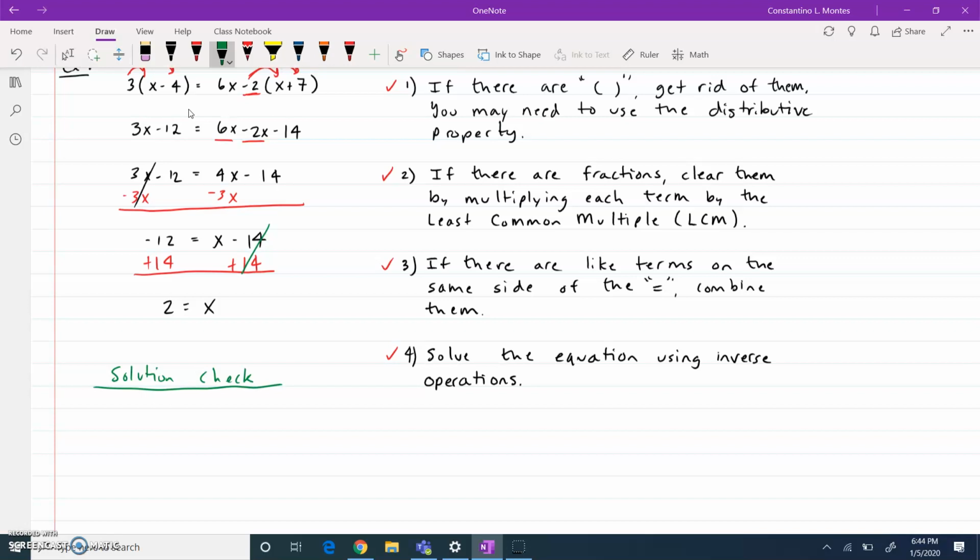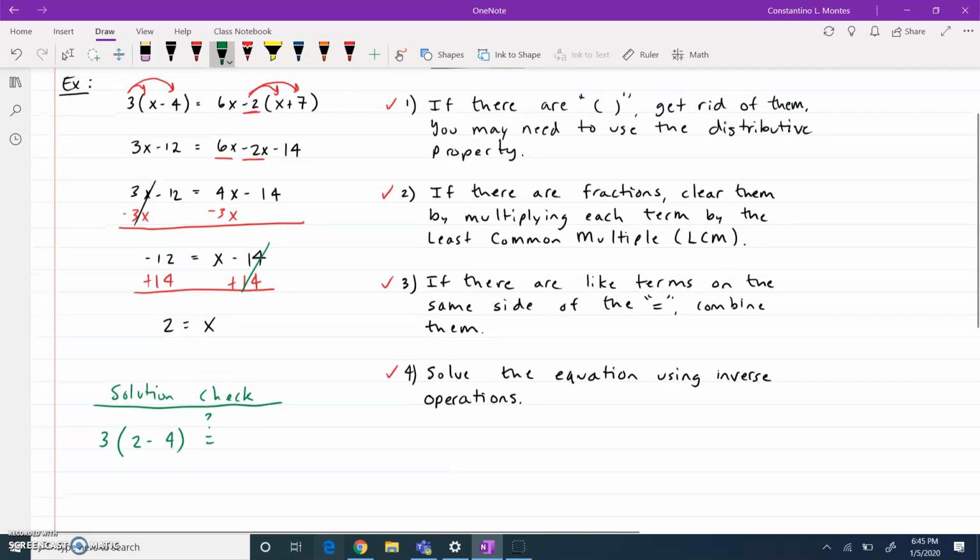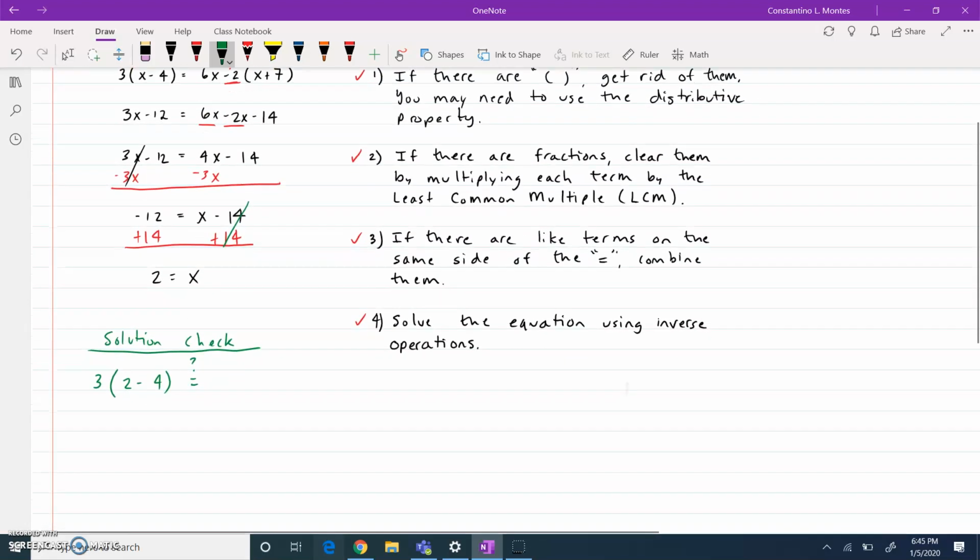So I have 3 times, and I have parentheses, x, which was 2, minus 4. And then I'm going to put equals. I'm going to put a question mark over the equal sign because I don't know if it's true or not yet. That's what we're trying to see.